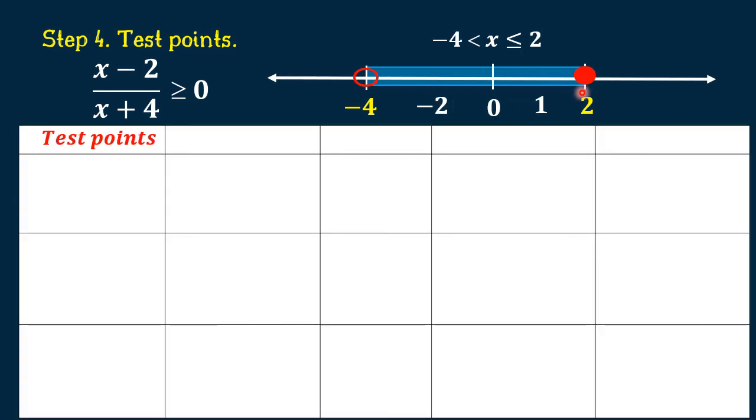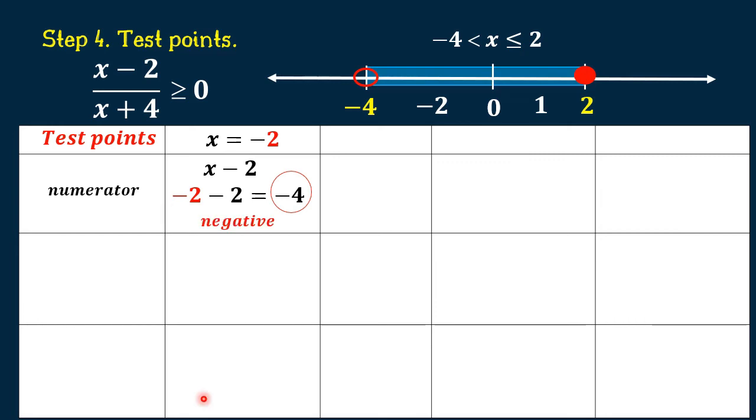So for test points, you determine any point between the two, in the shaded region. We will try -2. So plug into your numerator. -2 minus 2 is -4. And you have a result of negative. Another one in your denominator, x plus 4.